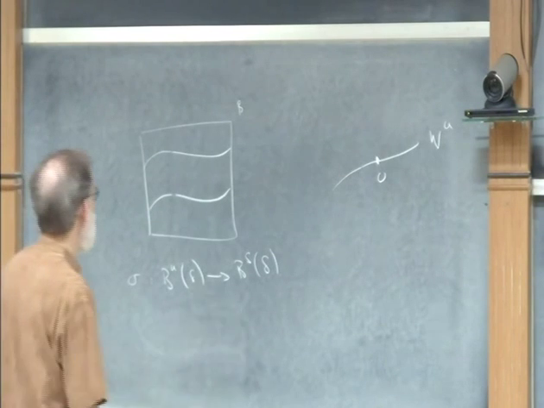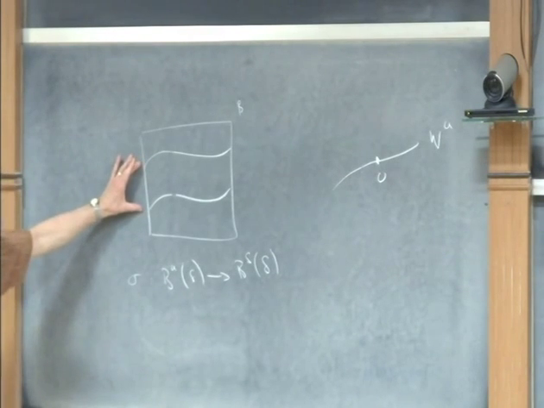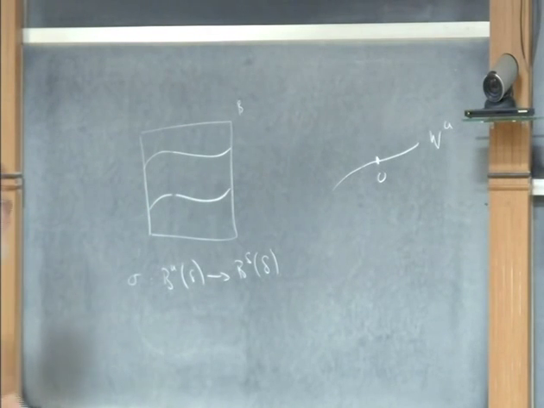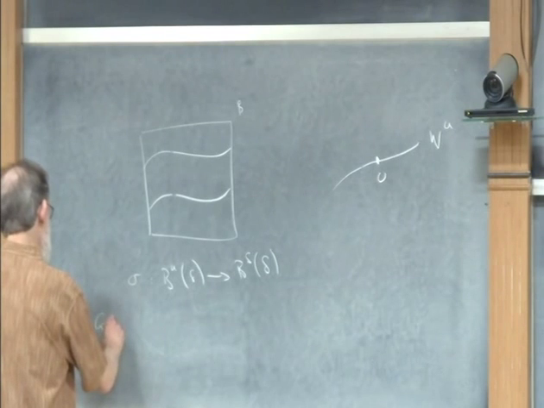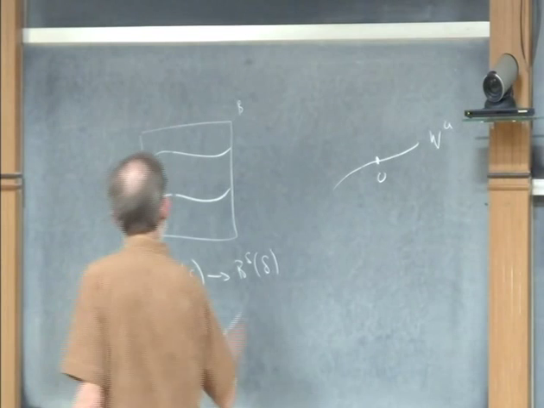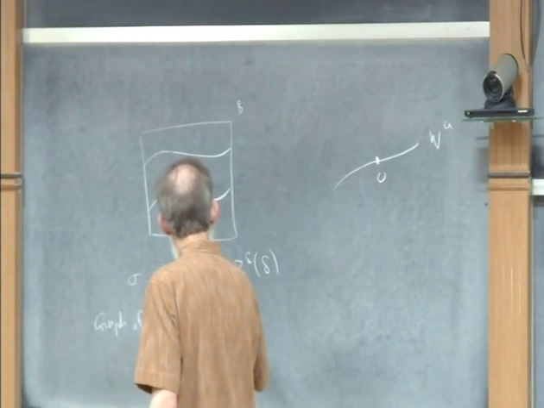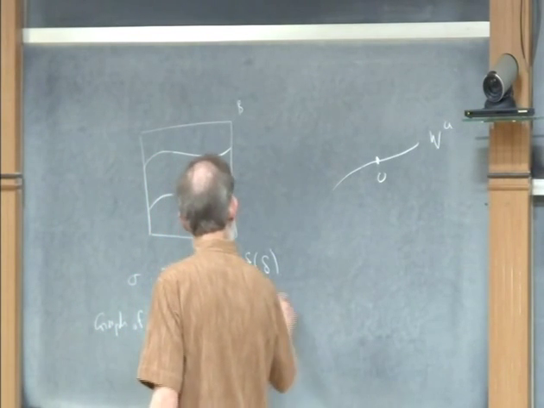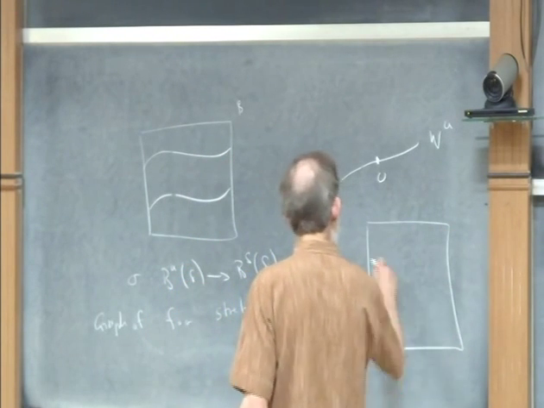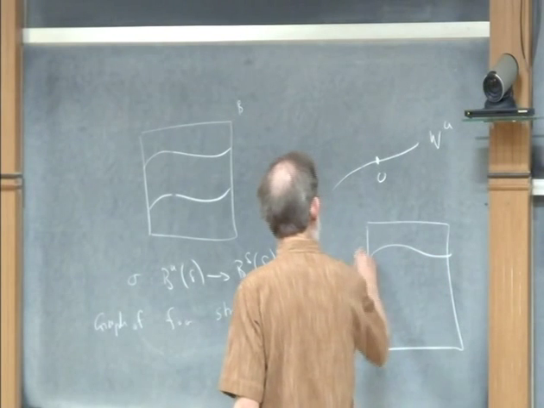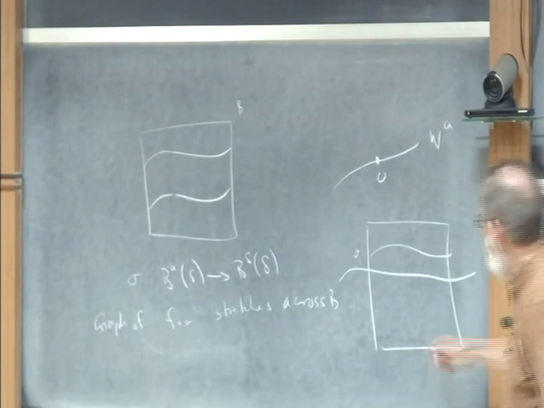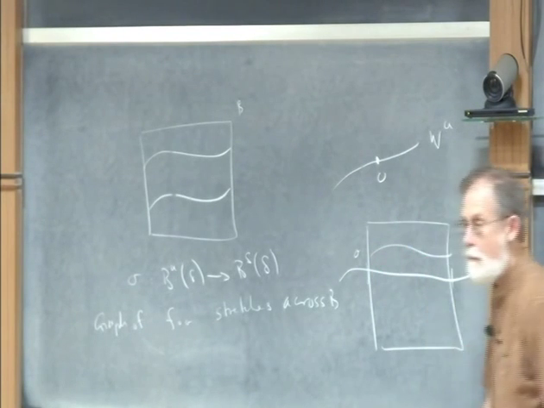And then if you apply the diffeomorphism, the graph of F composed with sigma stretches across B. So if I started off with sigma, the graph actually goes further, and then you just cut off the ends.